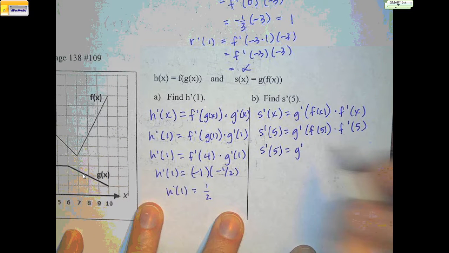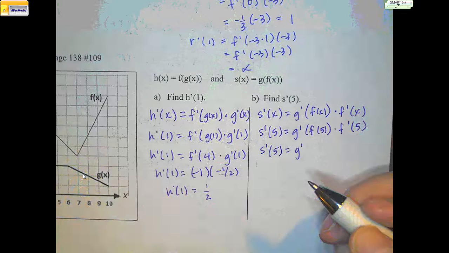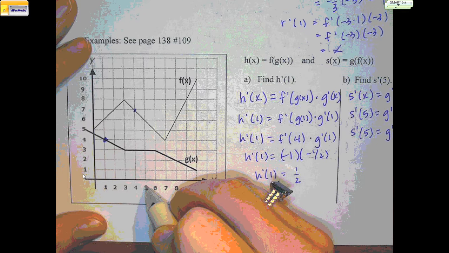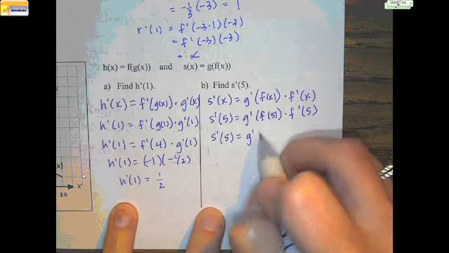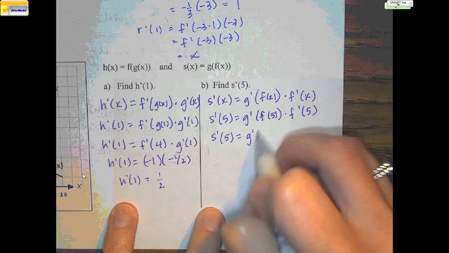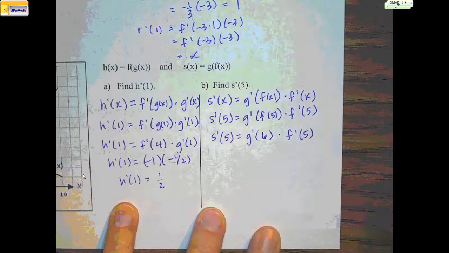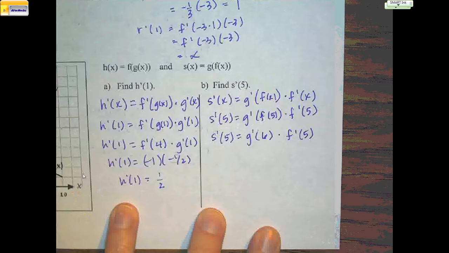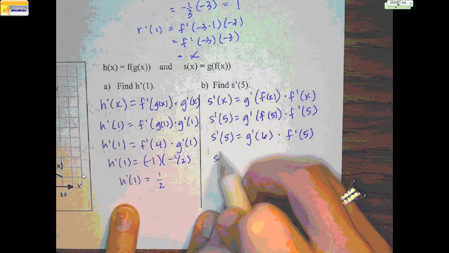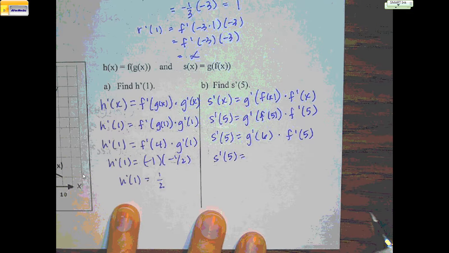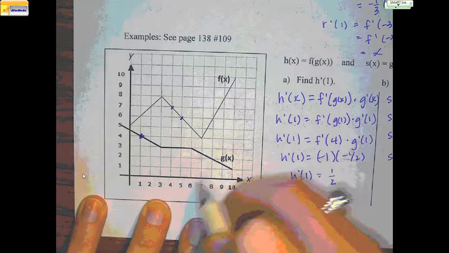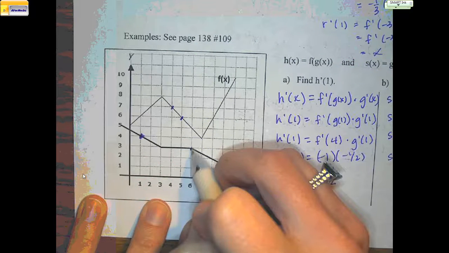F at 5. So I look at my graph, go to 5, go up to f at x, I'm at 6. They want the derivative when g is 6. So here's g of x, here's 6. What's that derivative?